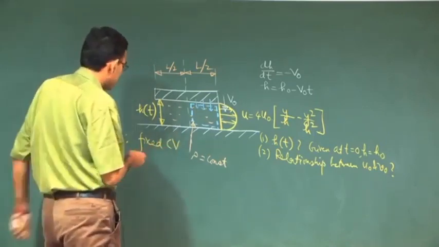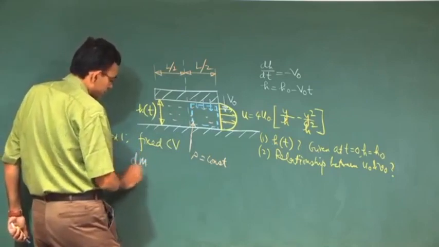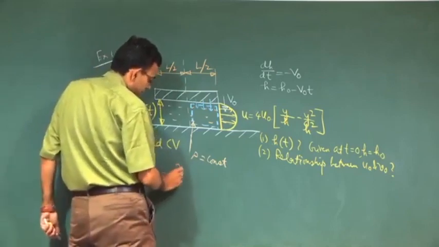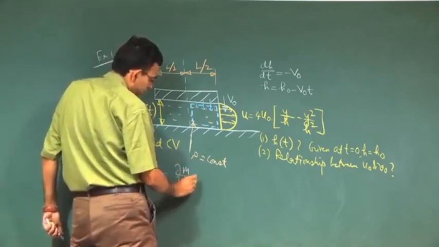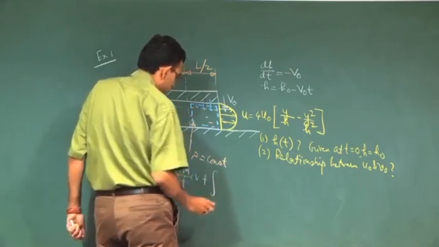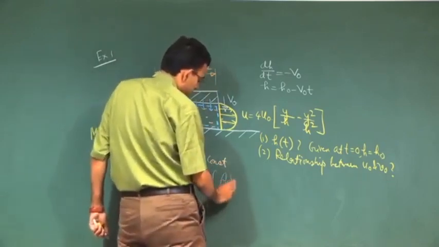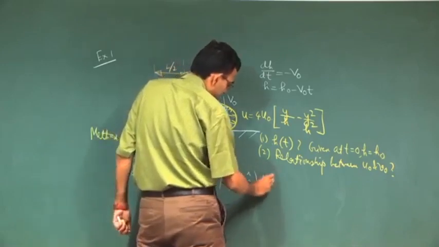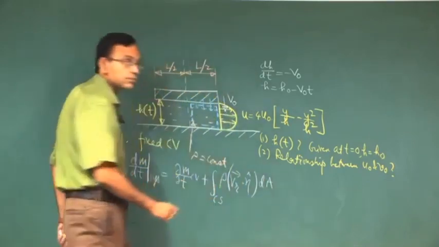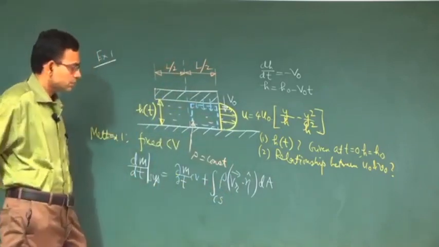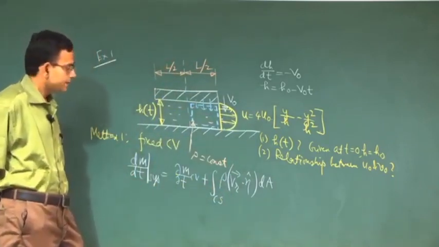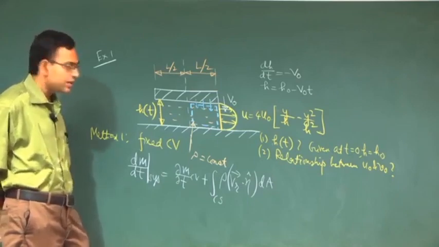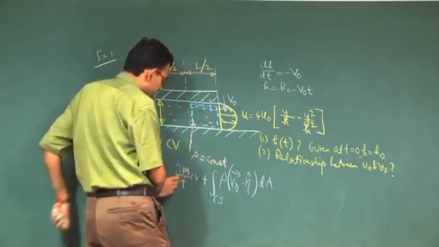So if you apply the mass conservation, if it is a fixed control volume and rho is constant, then this term is 0.